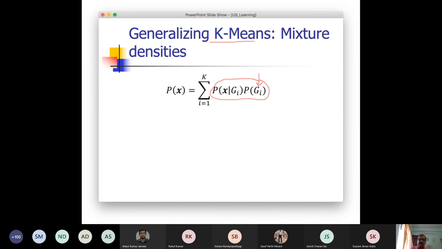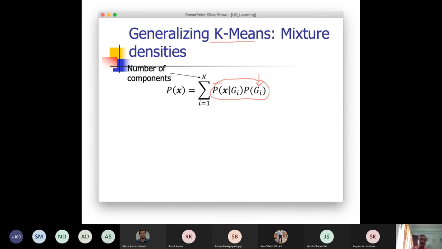If they are Gaussian distributions, you estimate their means and standard deviations or covariance matrix, as per the dimension of the data. And the other parameters are, of course, the corresponding probabilities of every cluster.